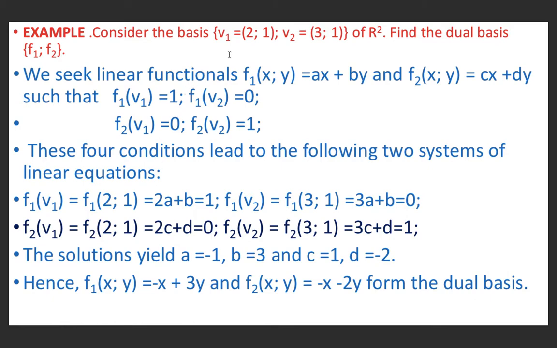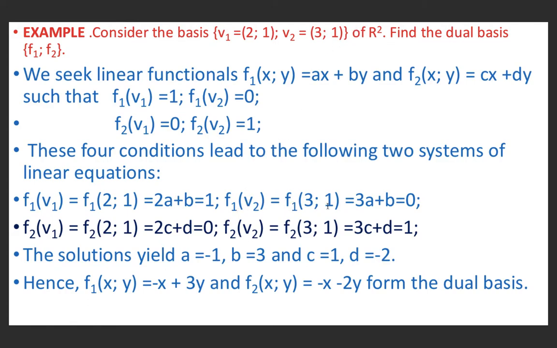If we put v1 equal to (2, 1), then f1(v1) is equal to f1(2, 1). And if we substitute x equal to 2 and y equal to 1 in f1(x,y) equal to ax plus by, we get 2a plus b equal to 1 because f1(v1) is 1. So the first equation is 2a plus b equal to 1. Now f1(v2). v2 is given to be (3, 1).